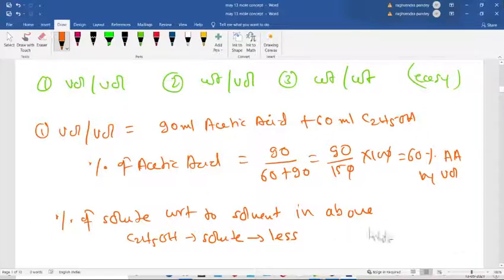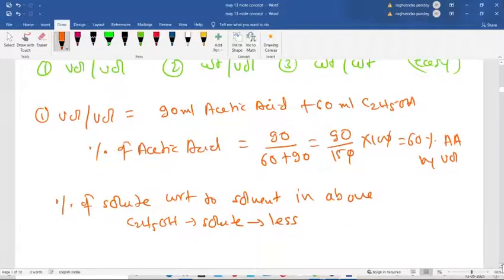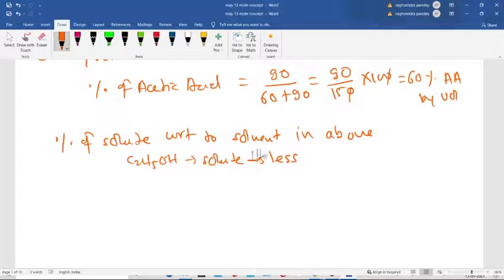Here you just have to do one thing. With respect to solvent they are asking, so ethanol is how much? 60, and solvent is 90, and you just multiply by 100. You don't have to add the volumes because they are just asking with respect to solvent. You have to just read the question.